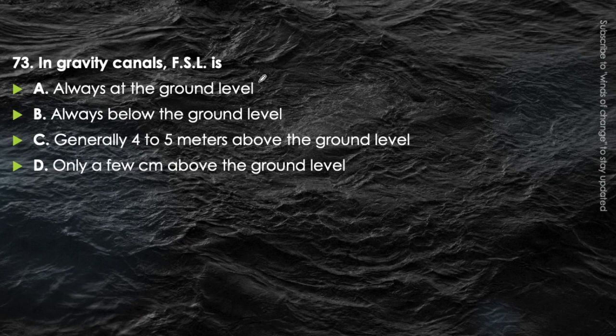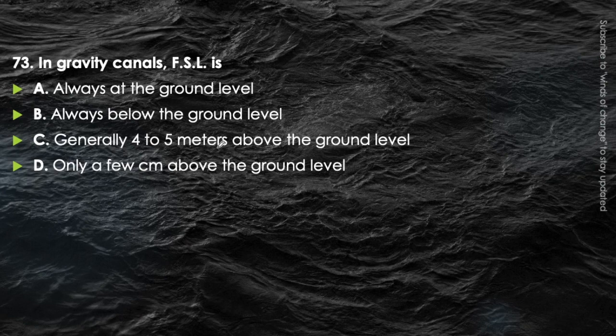Now, if the level of the canal is below the ground level, then we will require some mechanical or electrical instrument to take off the water from the canal, just like we require some centrifugal pump or any other kind of pumping arrangement. So we need the water level to be above the ground level. Okay, so it will not be always at ground level, not always below ground level, generally 4 to 5 meter above ground level, which is a very large value.